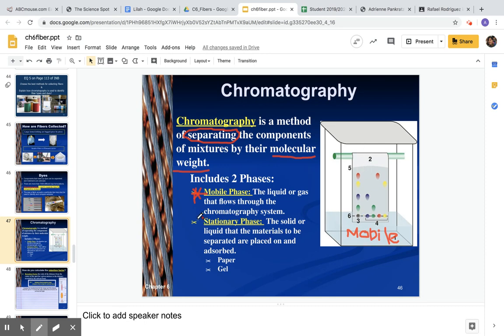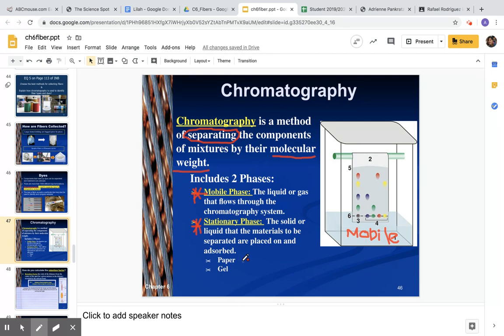The stationary phase is part 2. And again, we definitely need this for the test. The stationary phase is going to be the solid, or it's going to be the card or the paper, whatever it is that you are putting your mystery mixture on. That is going to be your stationary phase. So for us, this could be paper or this could be gel.